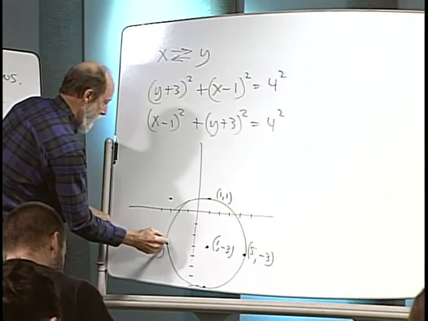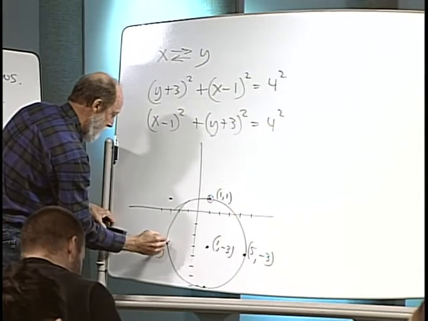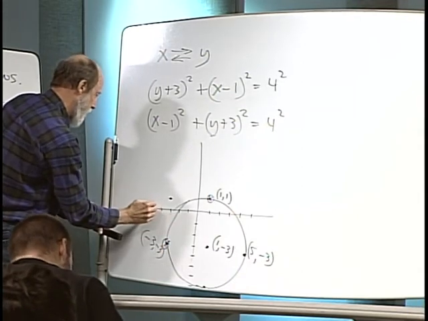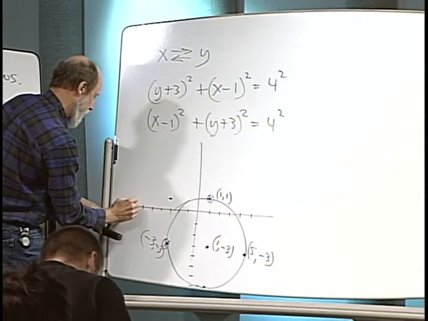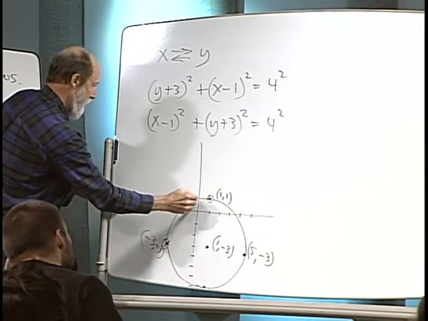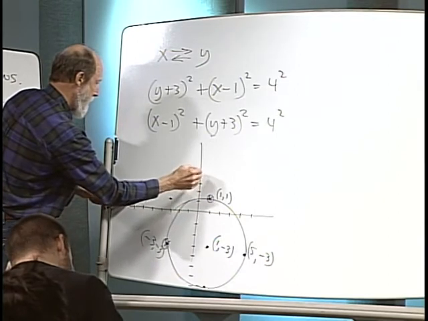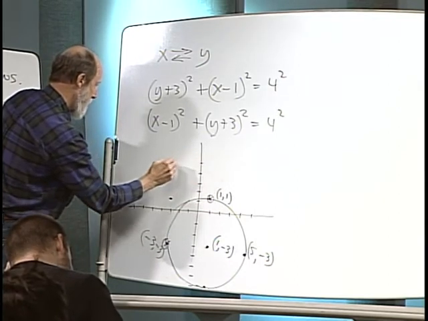And then the new circle goes through this point. This is the bottom of it. And then 1, 2, 3, 4 to the left is here. And 4 above. It's up here.